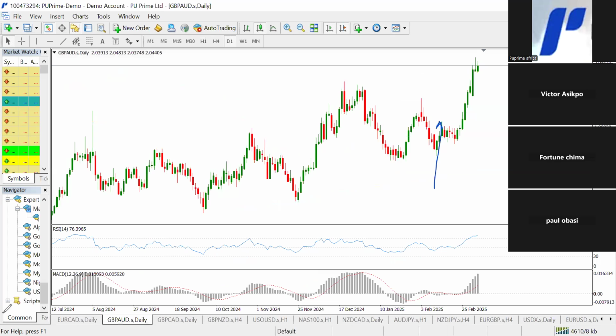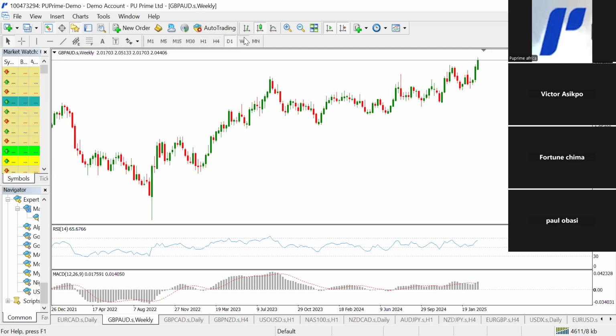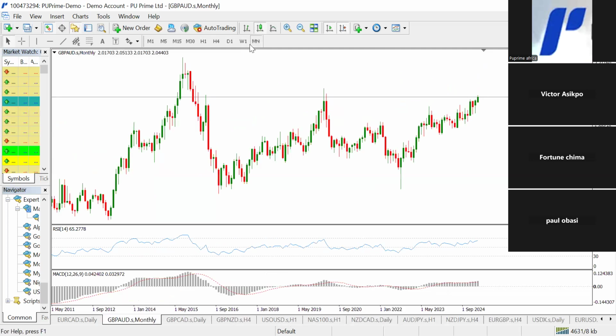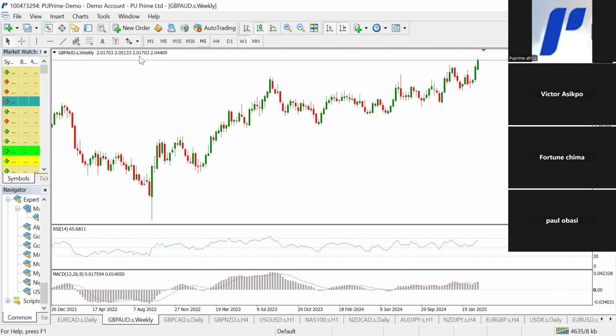All right, so this is the GBP AUD to start with. On the weekly time frame, you can see here that price has been trending higher.